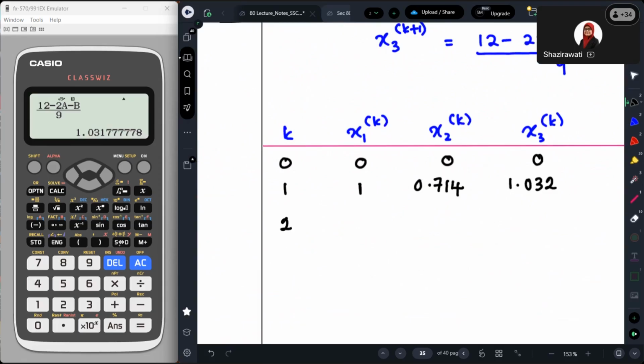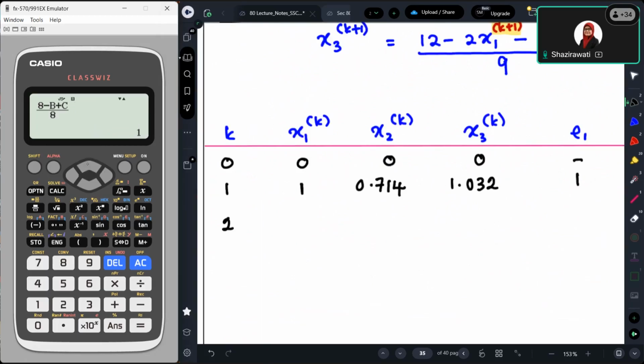So K equals 2, repeat balik, cari balik formula untuk X1 ini. So press the calculate button, dia tanya what is your B. B sekarang, dia punya X2, okay, tak ada lagi. Okay, yang current, so kita masih pakai yang previous lah. 0.714 lah, dia punya B. And then C. C dah ada, dah bertukar value dia.